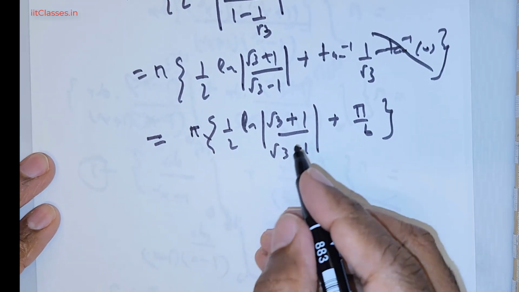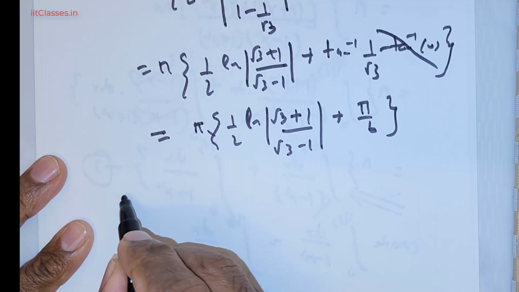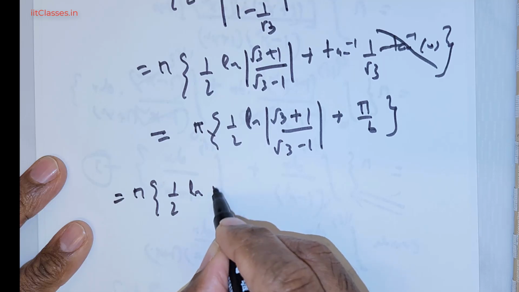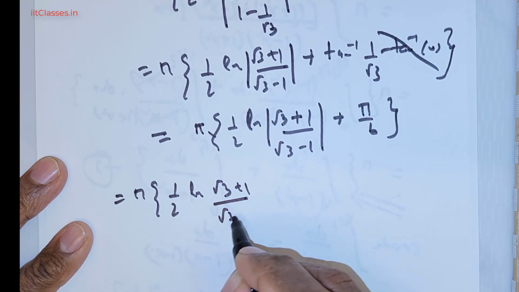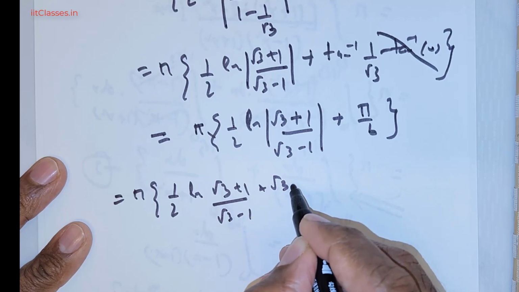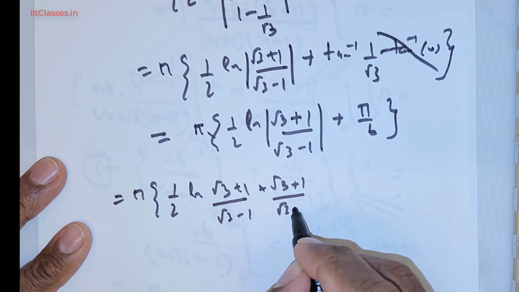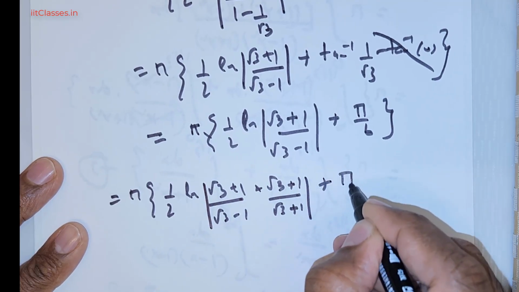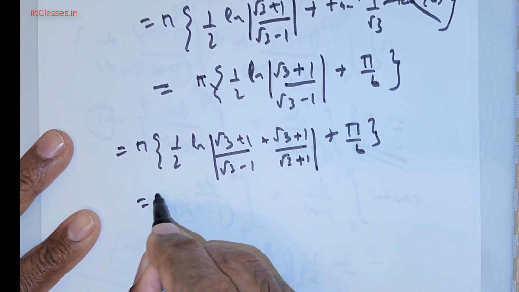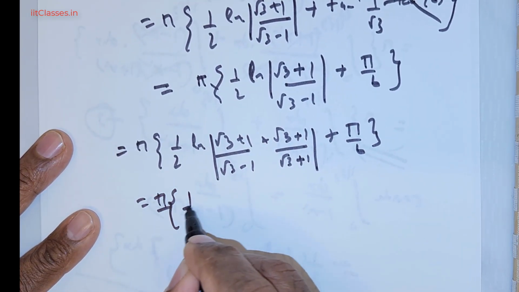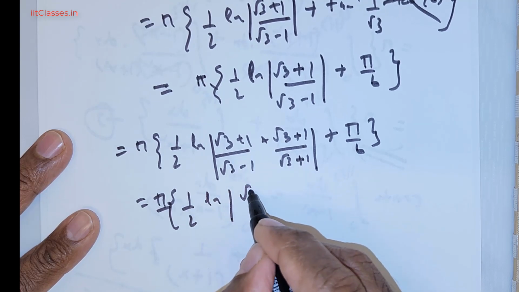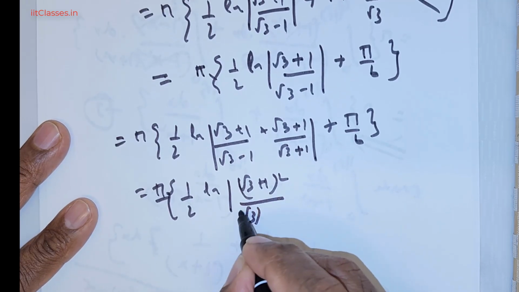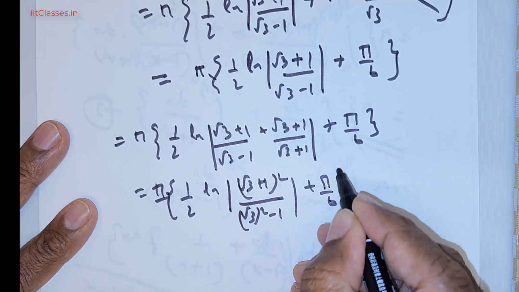So next what I wish to do is rationalize this quantity. So you have pi times 1 over 2 ln of (root 3 plus 1) divided by (root 3 minus 1). I will multiply by (root 3 plus 1) divided by (root 3 plus 1). Okay, of course the modulus sign is there, plus pi over 6.